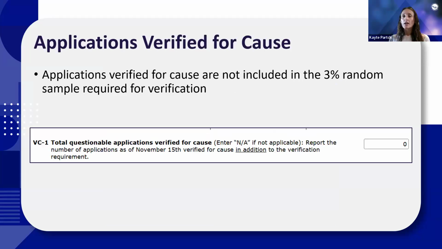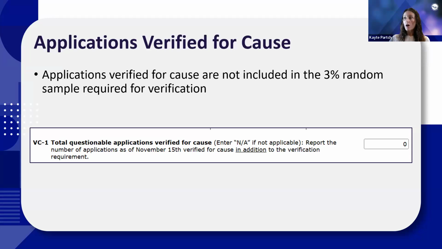So applications verified for cause might be something that some schools need to report on because it was done, right? Those applications verified for cause are not included in the 3% random sample that's required to conduct that annual verification process. So this would be in addition to the number of applications you reported in question 5-5.